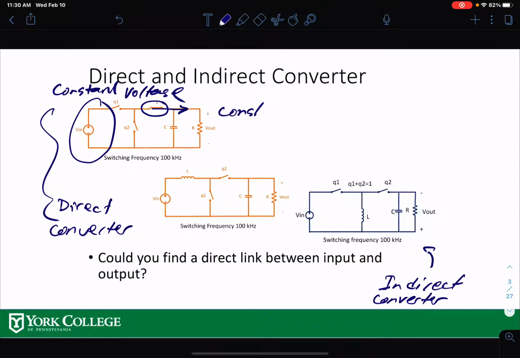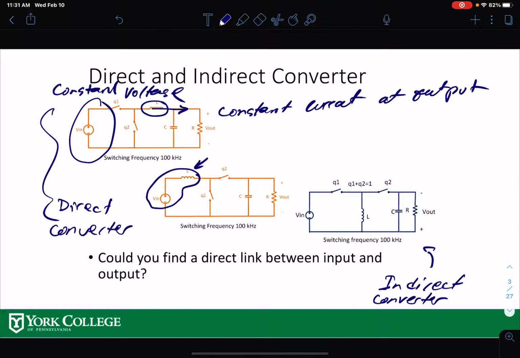So constant current at the output, right? So that means the buck converter is connecting a voltage source to a current source: constant voltage at the input and constant current at the output. On the other side, for the boost converter, you have an inductor at the input.